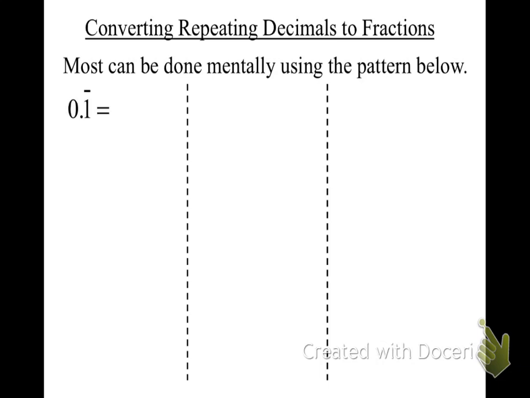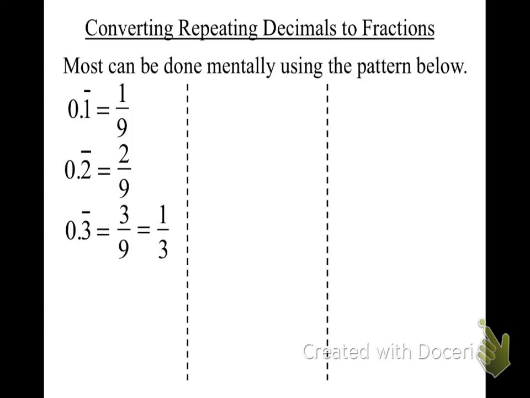Okay, now repeating decimals. See if you can follow the pattern. When I have 0.1 repeated, it's 1/9. If I have 0.2 repeated, it's 2/9. 0.3 repeated is 3/9, which reduces to 1/3.